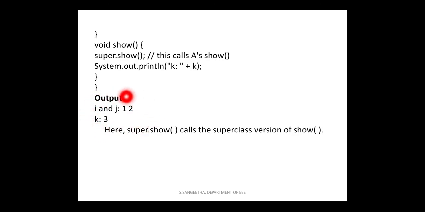So these three values will be displayed in the output by using the statement super.show, because this statement calls the class A show. That was absent in the previous example. In the previous example only k is 3 is displayed, and in this example by using super.show the i and j values will also be displayed. So here super.show calls the superclass version of show.